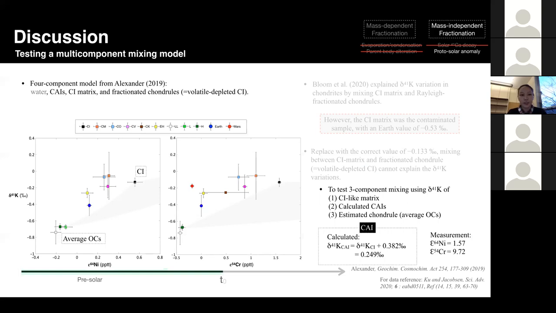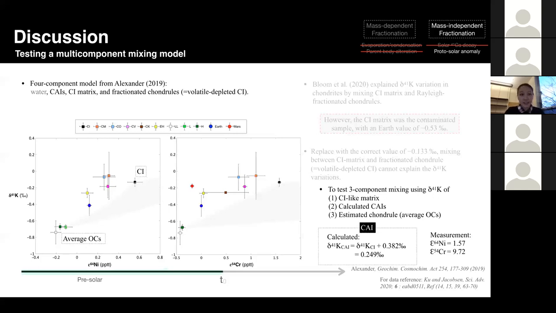The matrix we use here is CI, so we just convert that value. We use the CI value plus the calculated value to get a CAI delta-41 potassium value of 0.25 for the purpose of this mixing model.